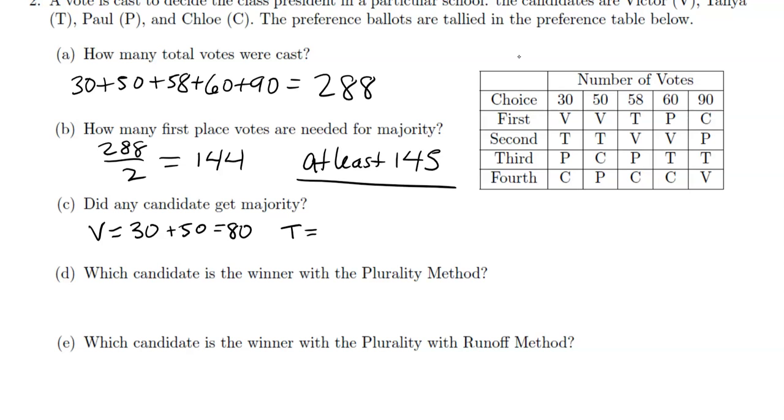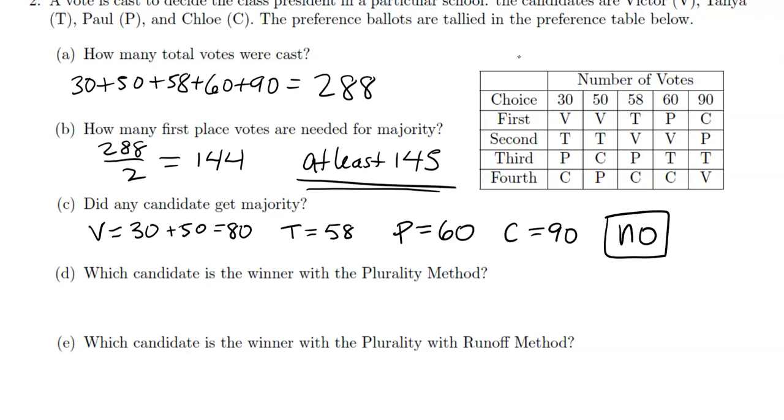Then T is first choice for 58 in this column here, and nowhere else. P has 60 and C has 90. Looking at those, did anyone get at least 145? Well, no one did. So no one got a majority of first choice votes in this example.